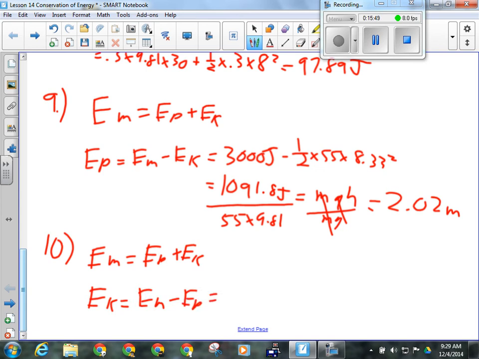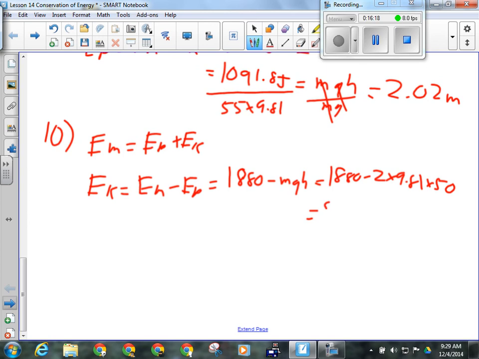Now they tell us that the mechanical energy is 1,880 joules, and we have to subtract M times G times H from that. So that's going to be 1,880 minus 2 kilograms times 9.81 times 50 meters. Everybody with me there? When we do that, we should get 899 joules.